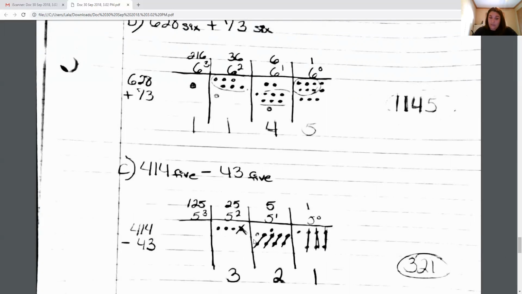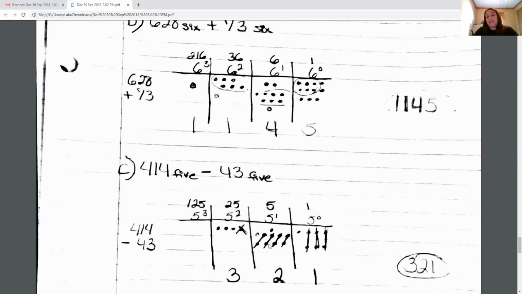Now this next column, remember we just had this 1 little dot, and we have 4 down here. So we can't work that. We'll come over here and we'll borrow the sets of 5 right here. So we'll cross one of these dots out, and we'll come over here and draw 5 dots. 1, 2, 3, 4, and 5. Now we have enough because we have 6 dots.